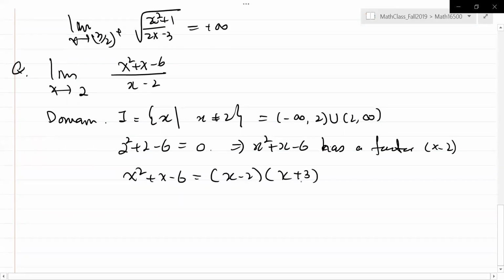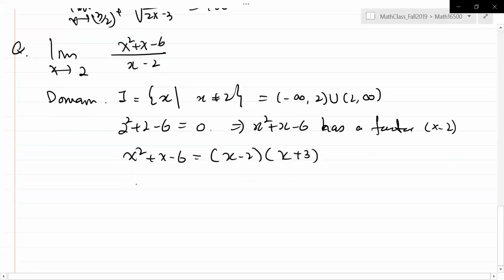Factor x squared plus x minus 6. Then the quotient can be simplified to x plus 3.